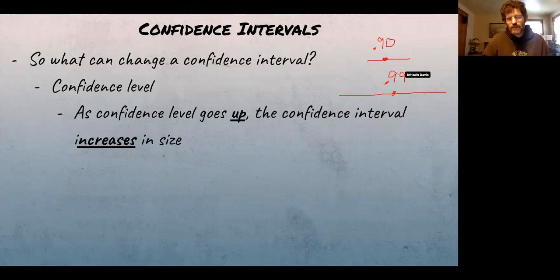So as the confidence level goes up, the confidence interval increases in size. You're going to see confidence level and confidence interval. Make sure you know the difference between them. Any questions on the difference between those two?